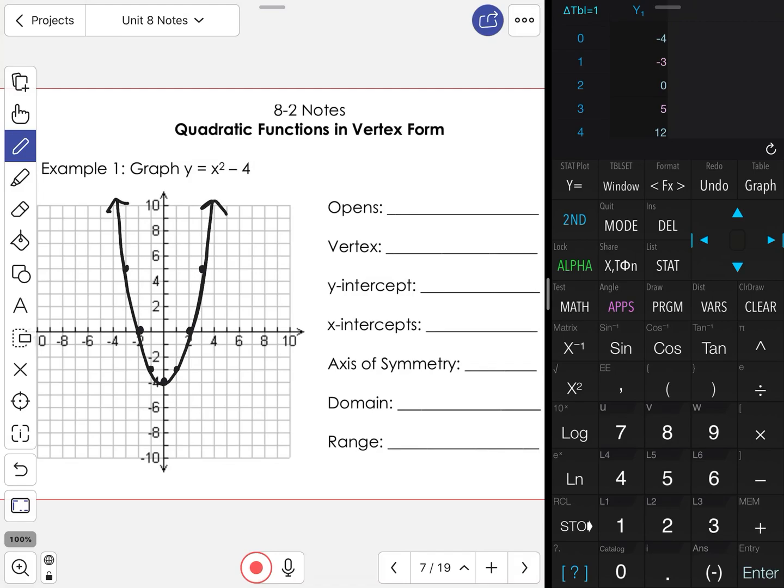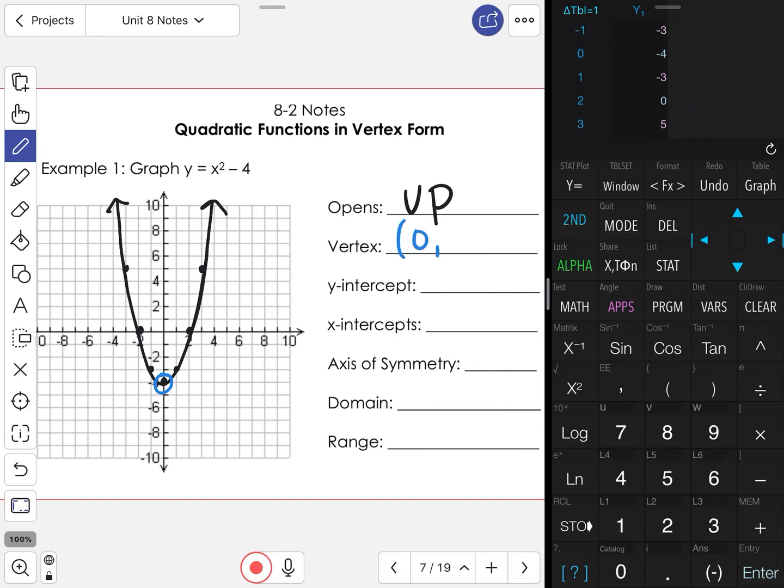And first off, I can tell that my graph is opening up. And then we need to identify the vertex. So that vertex, remember, is either our highest or our lowest point of our graph. So it looks like that's this point right here, which was the point 0, -4.